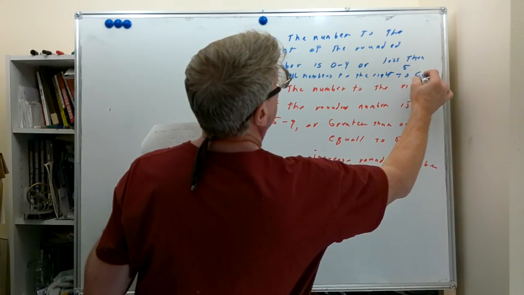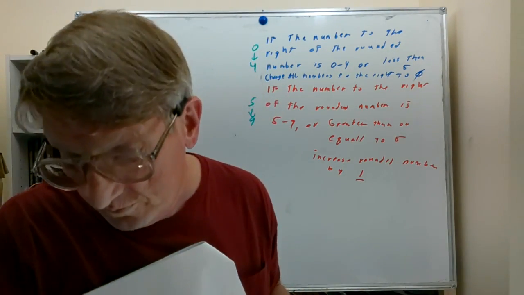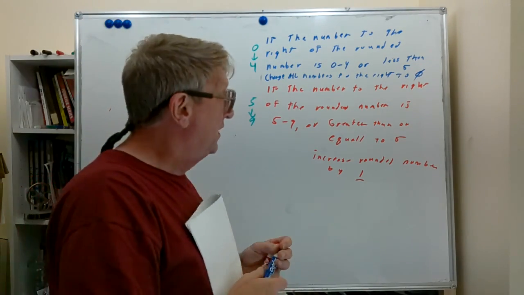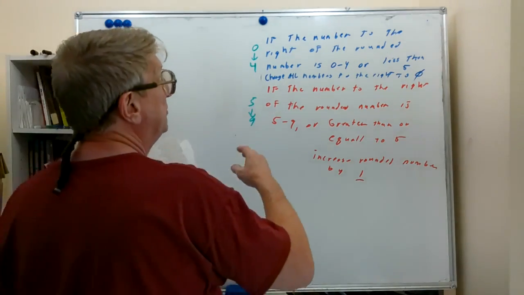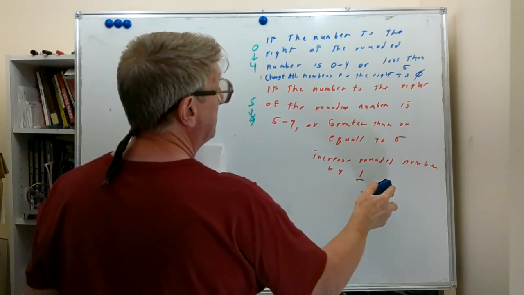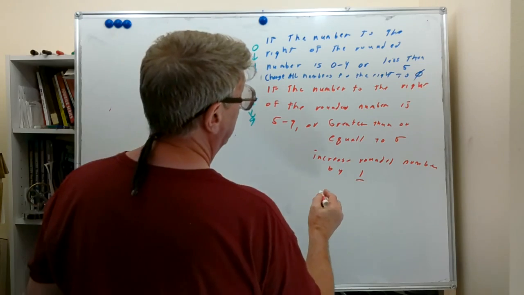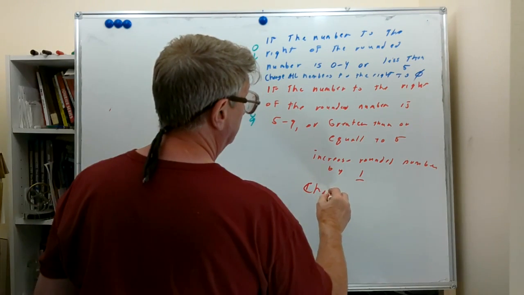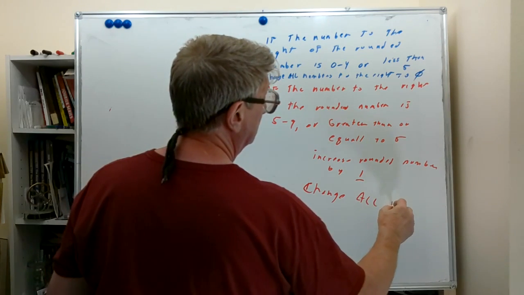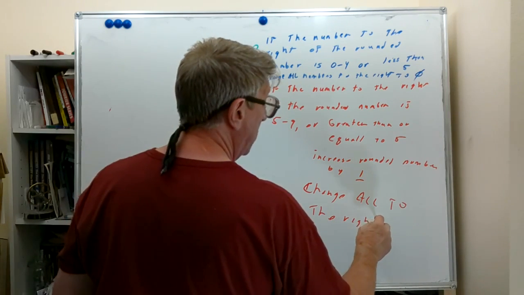Put that 0 with a slash to help indicate it's not an O. Okay. If the number to the right of the rounded number is 5 to 9, increase the rounded number by 1, then change the rest of the numbers, all to the right of the rounded number, to 0.